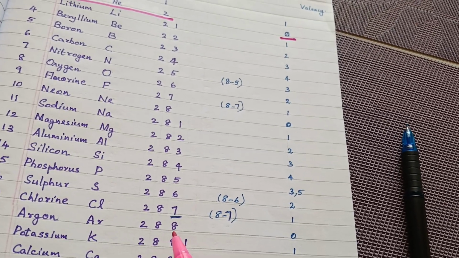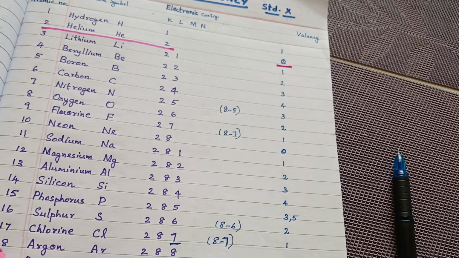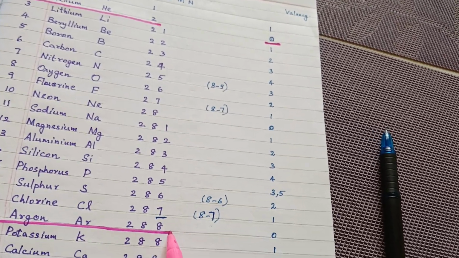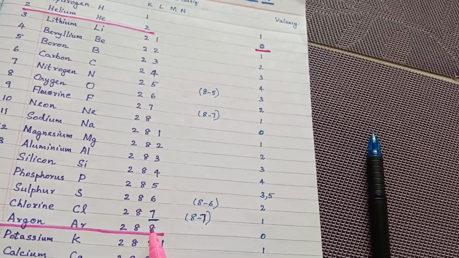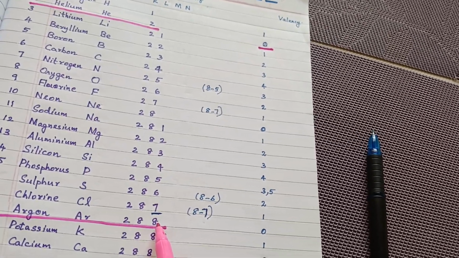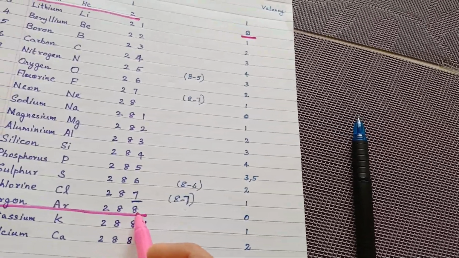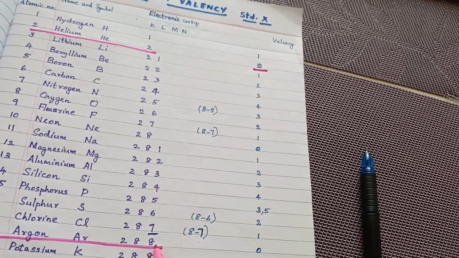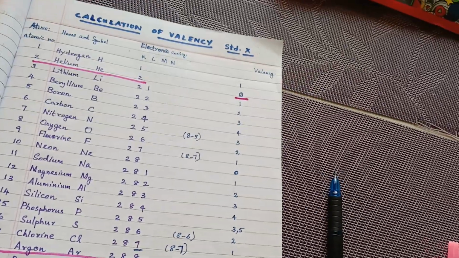2, 8, 8, that is argon. Argon is having an atomic number of 18. So its electronic configuration is 2, 8, 8. Only 8 electrons, that is the capacity of the M shell. No more electrons can be added in it. So argon is also having a valency of 0.